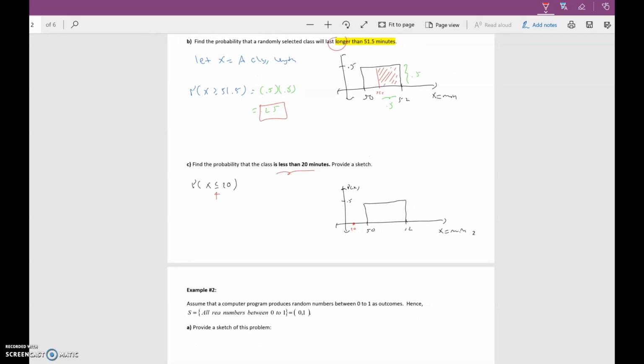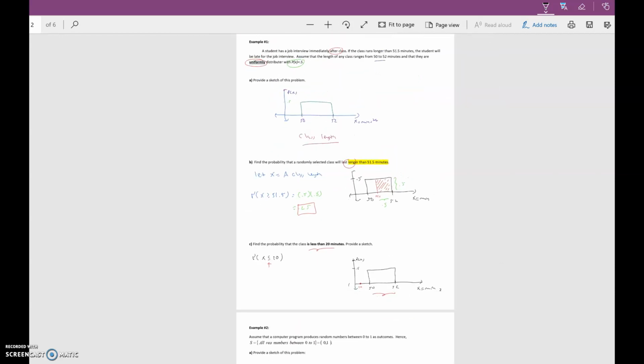Your distribution only works between 50 and 52 minutes. Therefore, outside of that range, we're not going to have any values, so the probability is 0. You don't have anything else outside. Our main event for these specific classes goes from 50 to 52.